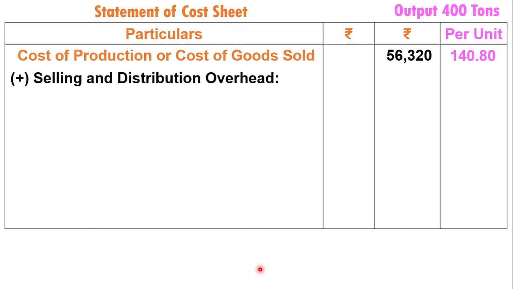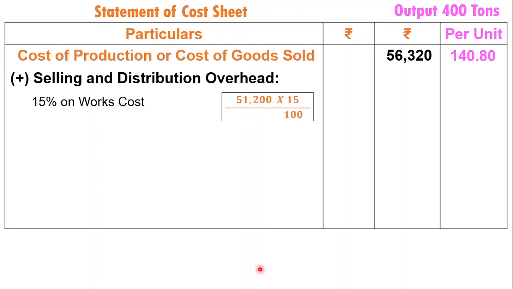Third overhead is selling and distribution overhead. The selling and distribution overhead is also to be calculated based upon works cost, that is 15% on works cost. As we know, already we calculated the works cost as 51,200 rupees into 15 divided by 100, that is 15%, the value of which is 7,680. 7,680 divided by 400 tons, that is 19.20 per unit or per ton value.